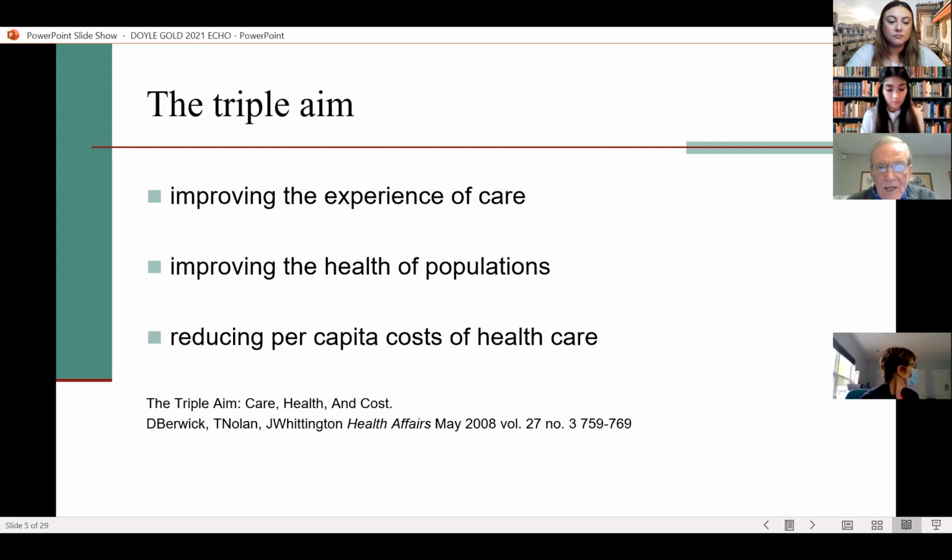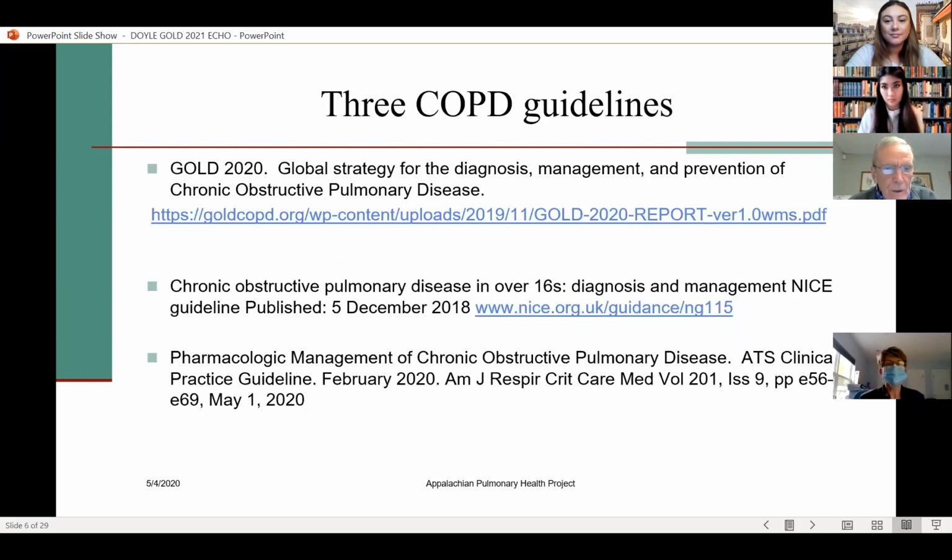And I can say that it is true of the Gold report that they have a careful system for basing their recommendations on evidence, and you'll see examples of that in a minute. Next. Right now, there are 3 evidence-based COPD guidelines that exist. There's the Gold 2020 report, and now it's 2021.